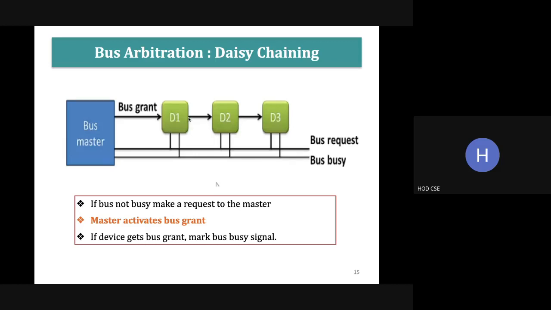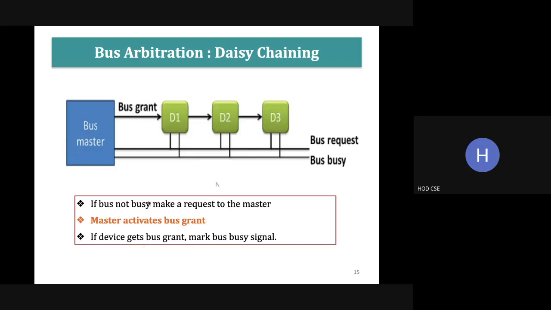So it will forward it to the next device, D2. Here also there is no request. So D2 will forward this to D3. Here there is a request, so the bus will be given to this D3 device. Okay. So when D3 receives the bus for data transmission, it will make the bus busy signal high.